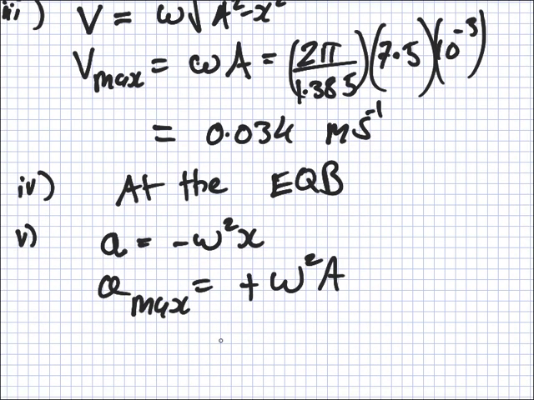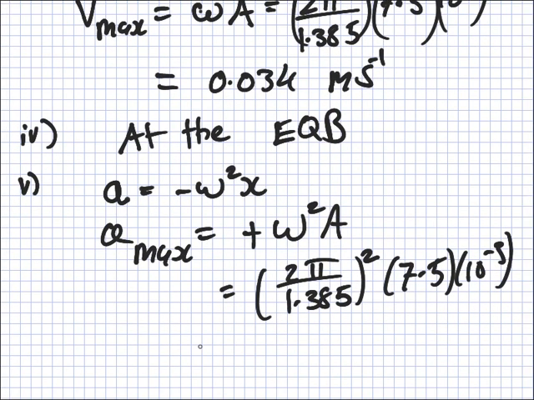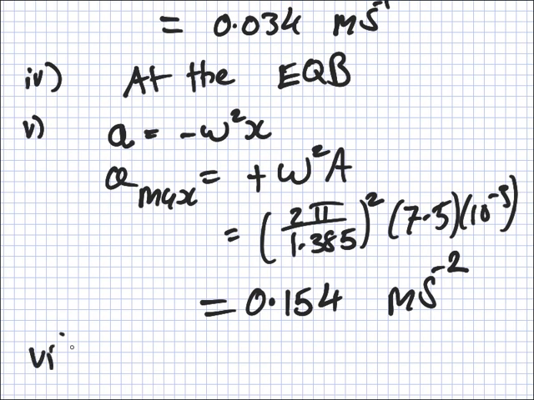So again, the omega is 2 pi over T, squared, times 7.5 times 10 to the minus 3. So that equals 0.154.